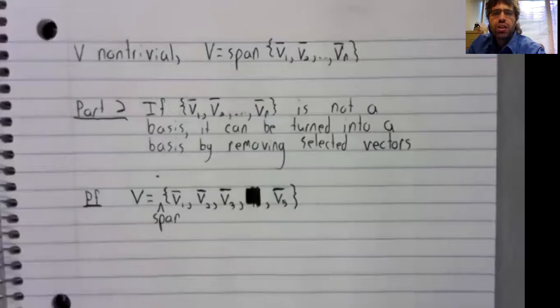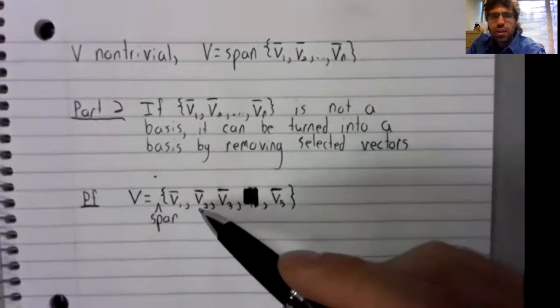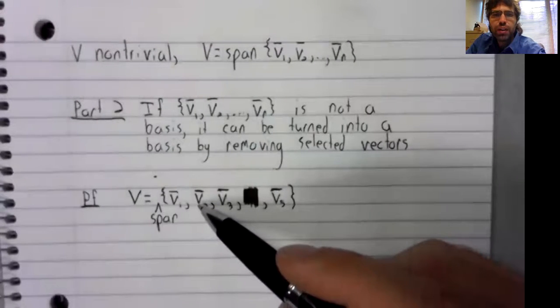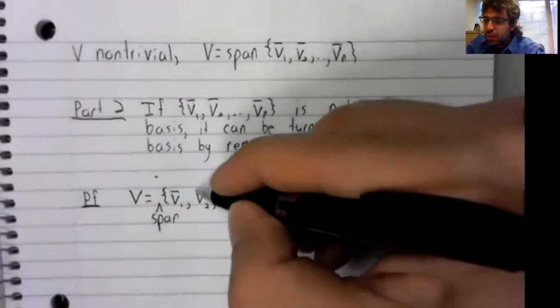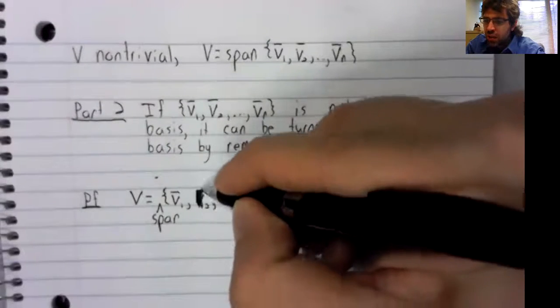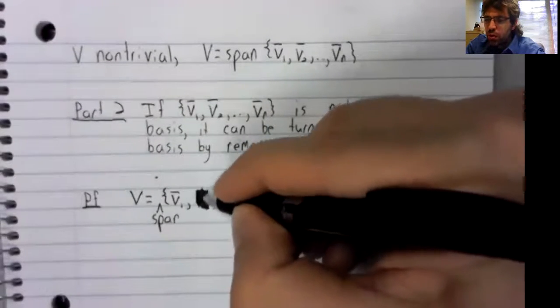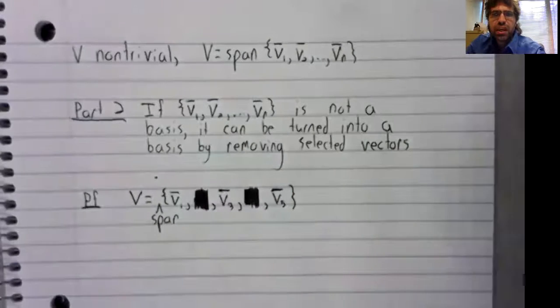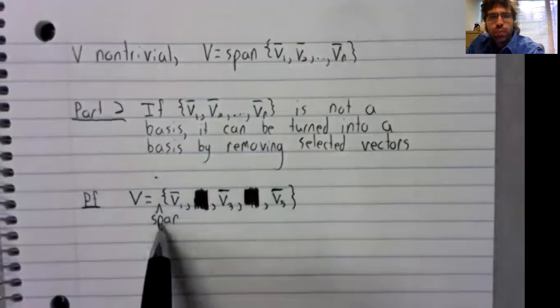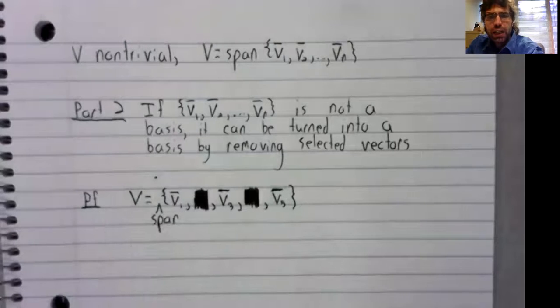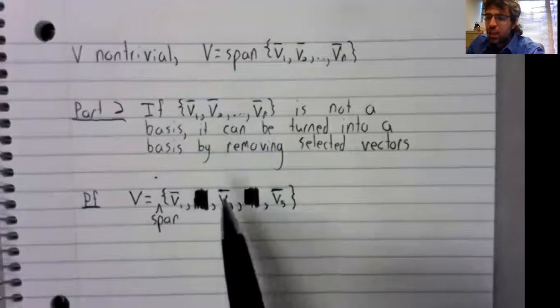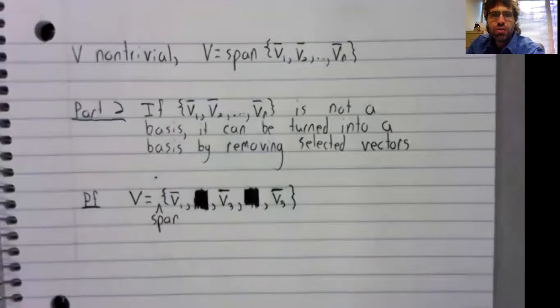If it's linearly dependent, one of these vectors is a linear combination of the other vectors. Maybe this vector, for example. And part one of the spanning set theorem says we can get rid of it, and it won't change the span. So we have three vectors.